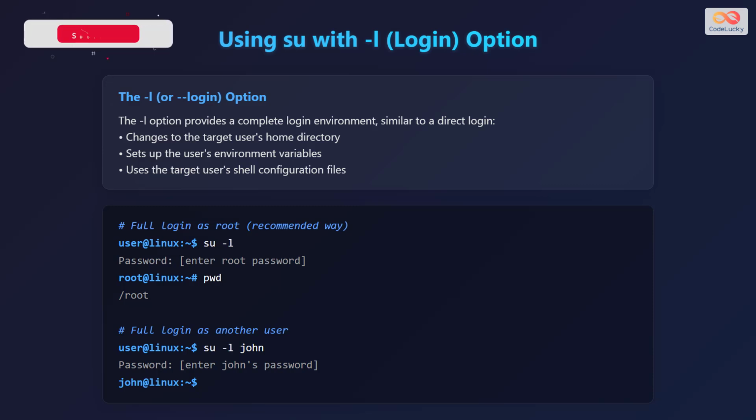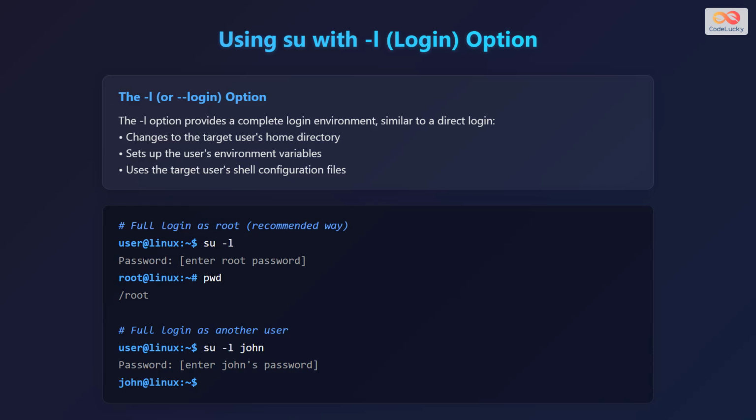The -l option, also known as the login option, is used to provide a complete login environment, similar to a direct login. When you use su with the -l option, it changes to the target user's home directory, sets up the user's environment variables, and uses the target user's shell configuration files. For example, to fully log in as root, you can use the command su -l.